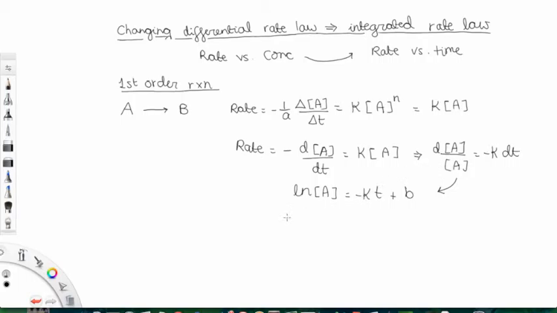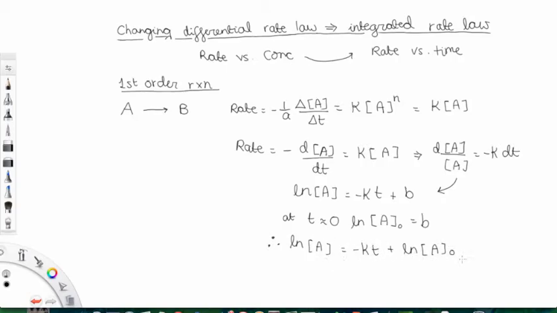And so at a time of 0, the natural log of [A], and I'm going to put a 0 right here, which indicates the initial concentration of A at time equals 0, is equal to b, which is the y-intercept right here. And so from here we can get that ln[A] equals -kt plus ln[A]0.